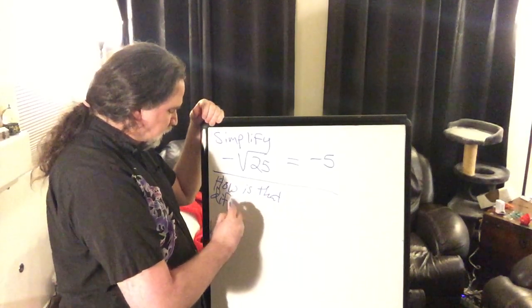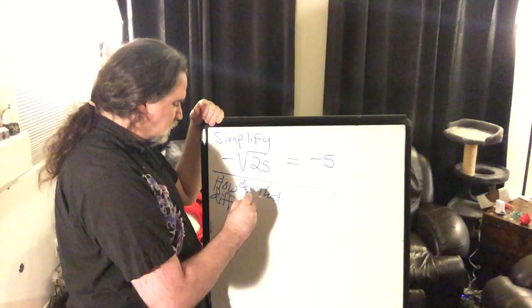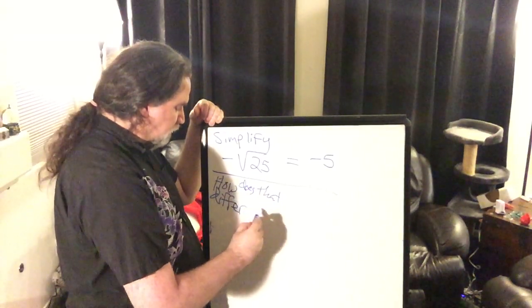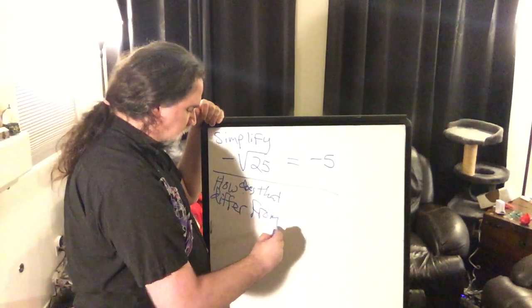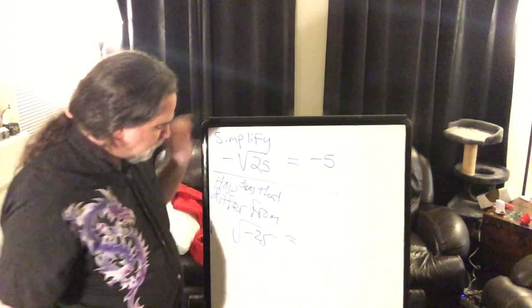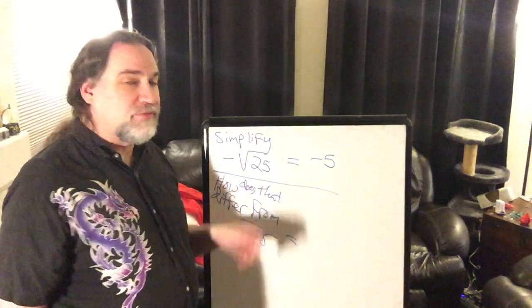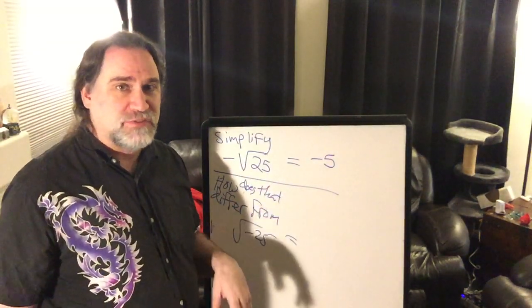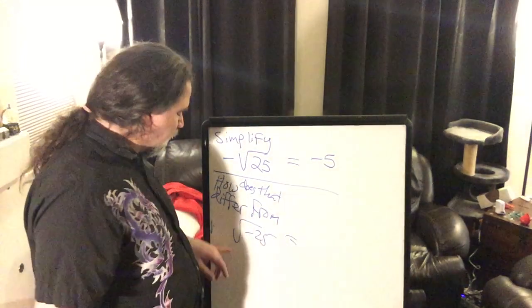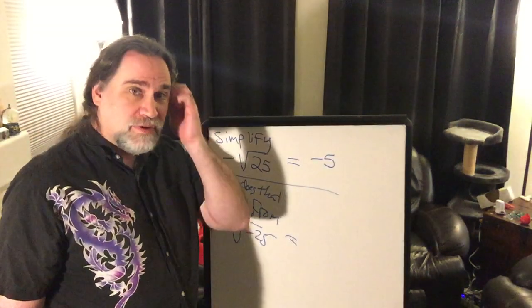How does that differ from this? So let's just say it out loud. This is the negative square root of 25. We know there's a positive square root and a negative square root. We're looking for the negative. This one is the square root of negative 25.